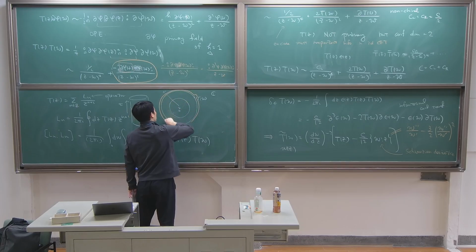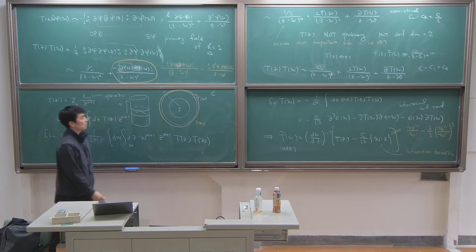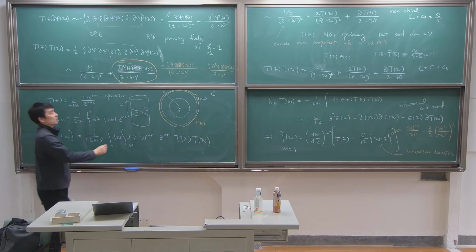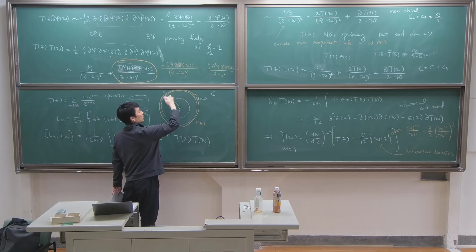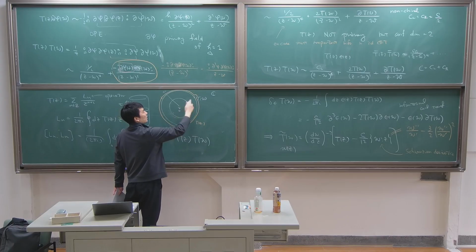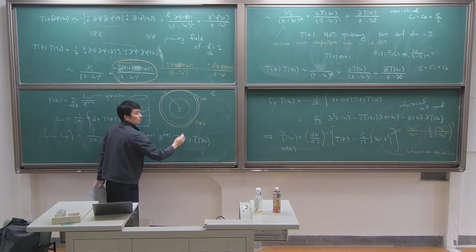T of z is something like this one. If W is in here, then the ordering is here, so T of W is the inside of the orange. Therefore, T of W has to be on the right side. It first acts on the state, and next it acts on T of Z.